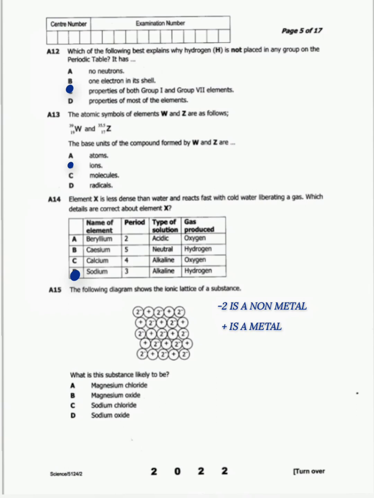Then here we have sodium. Of course, sodium is a metal, so it can lose 1 electron to become stable. What about chlorine? Chlorine can gain only 1 electron to become stable. Now, as you can see here, they are saying 2 to the power negative, which means this element can gain 2 electrons. So even sodium chloride is out.